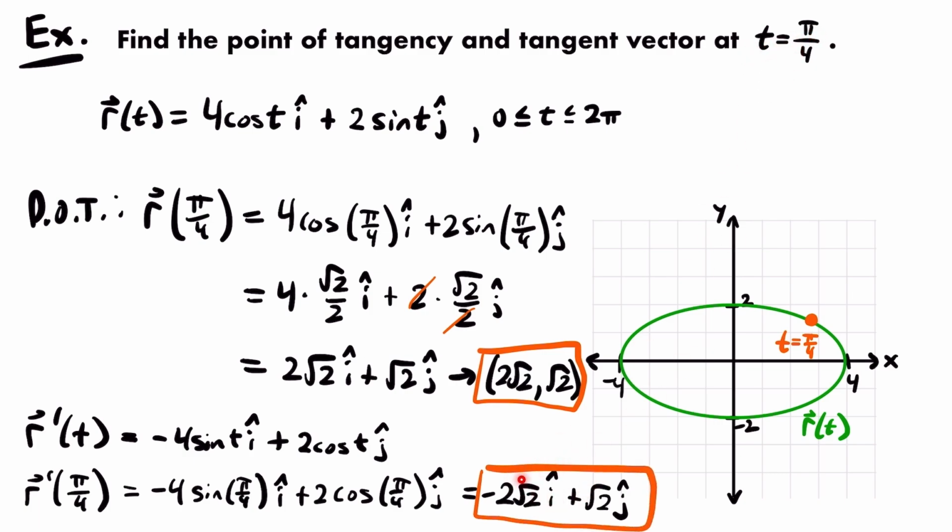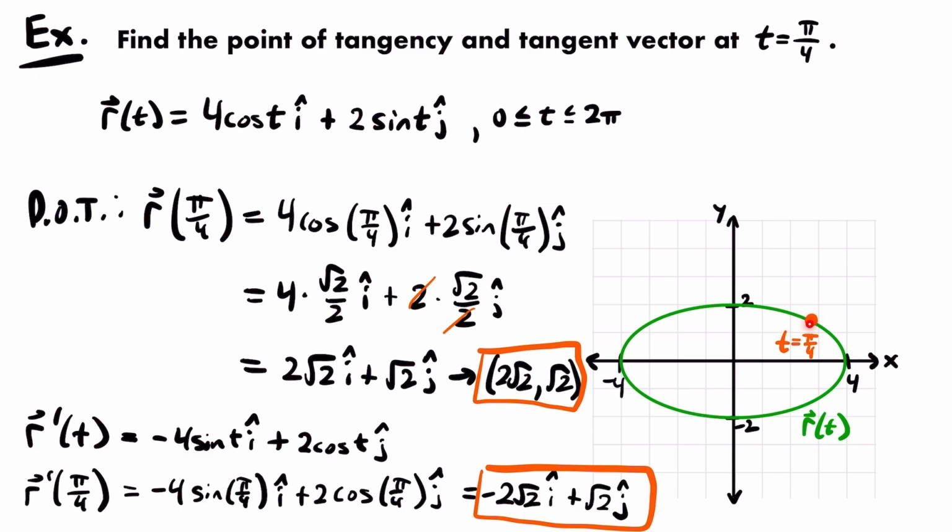That would be the final answer to this example, but once again, I do want to show you what it looks like visually on our graph. So what we're going to do is sketch this vector by making its initial point our point of tangency. All right, so that's where we're going to start, and from that point, we are going to measure negative 2 square roots of 2 in the x direction, and the positive square root of 2 in the y direction. All right, so approximately that's negative 2.8, and then positive 1.4.